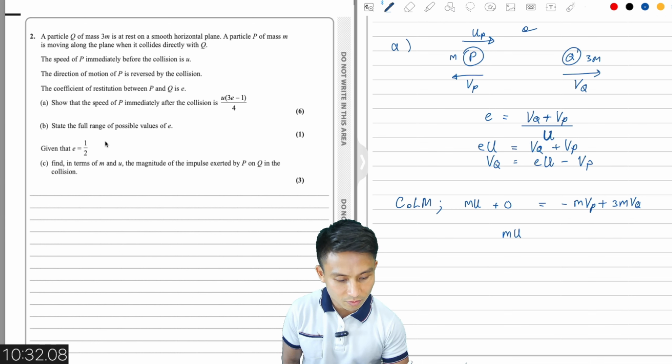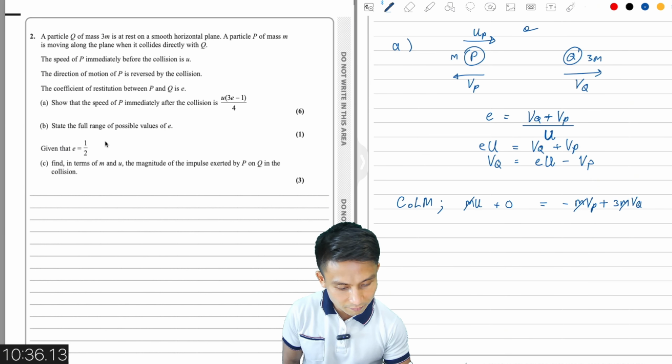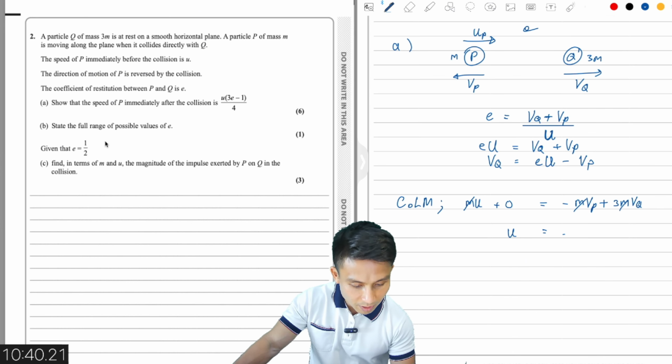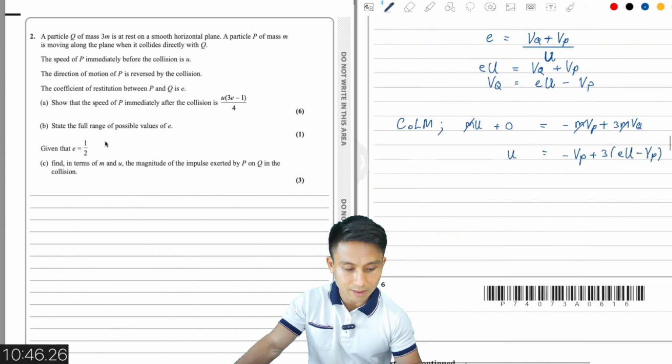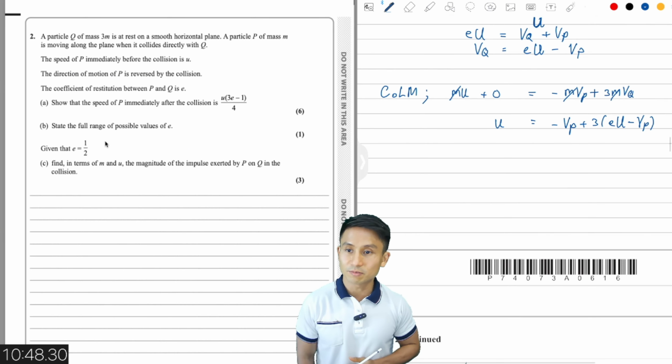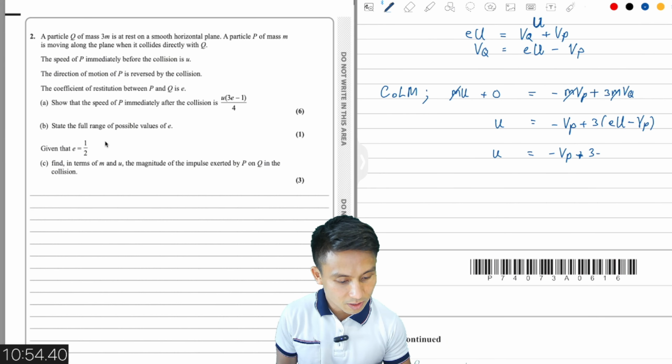So mu, well, m cancels, right? So I'm going to have u equals minus vp plus 3 vq, and vq will just be eu minus vp, like that, yeah? And then you make vp the subject. So u equals minus vp plus 3eu minus 3vp.